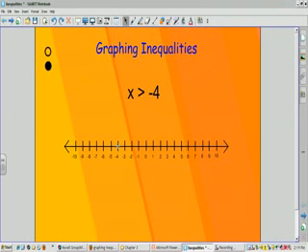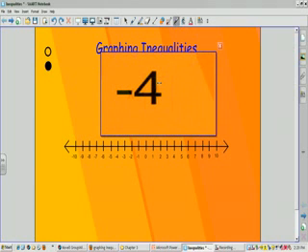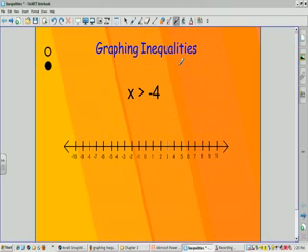So we find -4 on our graph, and you really don't need to build the number line this large. What I would suggest is making a number line of about five numbers total, and putting this number right in the center of your graph, then two numbers to its left and two numbers to its right.